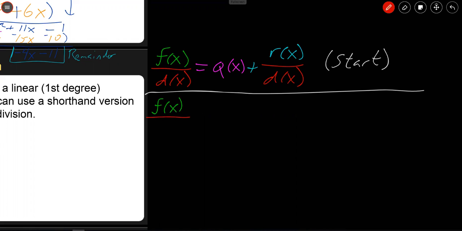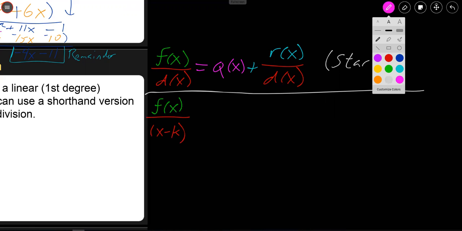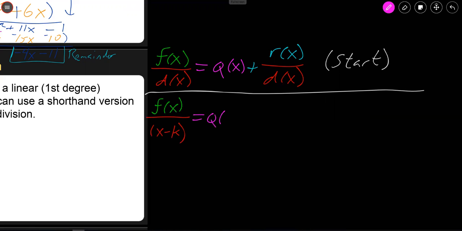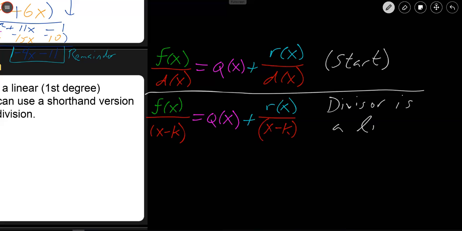In other words, when I divide, my divisor is going to be x minus k, and the reason for that is that the divisor is a linear, and it's in the form x minus k.